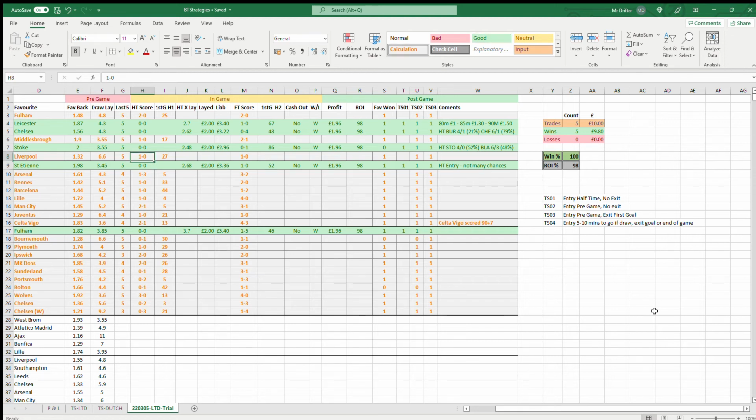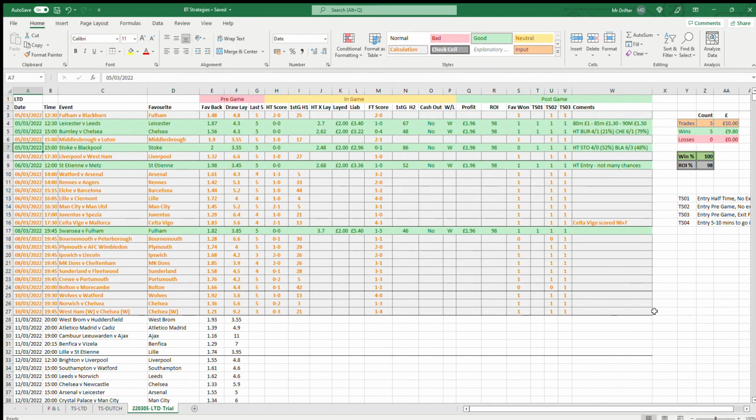So the only one I'm looking at is the Stoke Blackburn game, because the goal was in the 86th minute. So if we'd gone 10 minutes before, or even 5 minutes before, we would have got on that game at very, very low odds. I mean, I got on it at half time at 2.48. It was probably 2 or under for the draw to happen at the 86th minute. So we'll be looking at that.